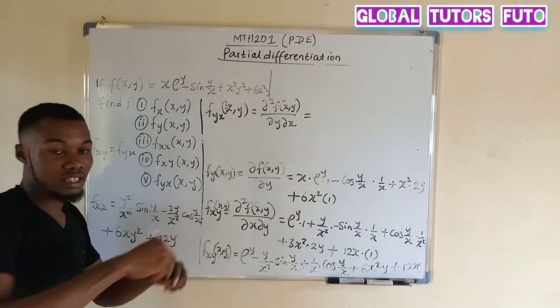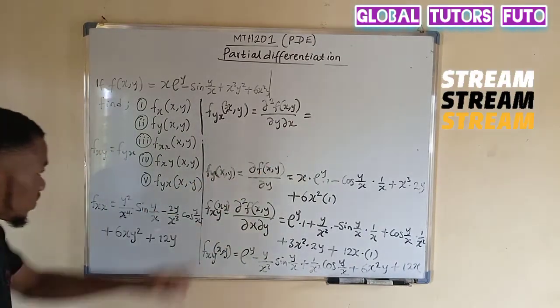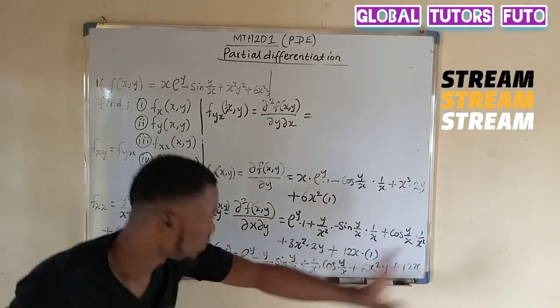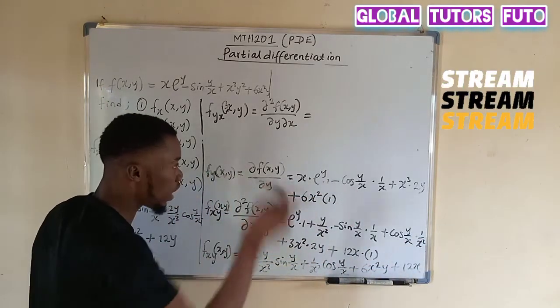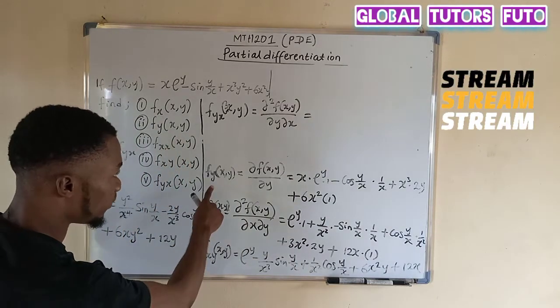So the function that they have already differentiated with respect to y, we want to differentiate it now with respect to x. Let us see whether it will give us this. So now we start. This is our f of y.